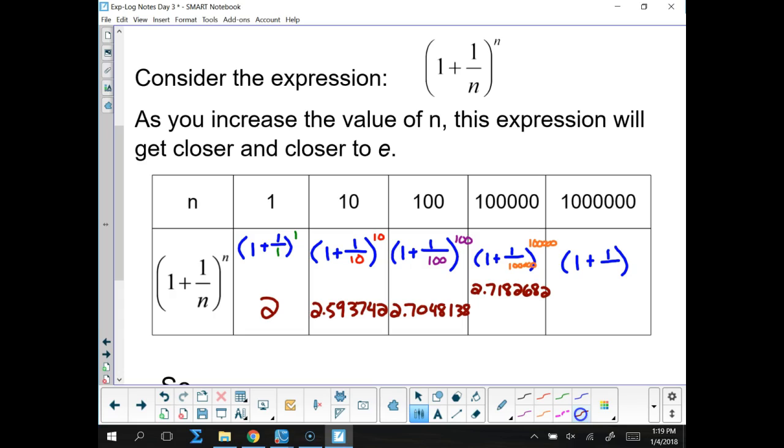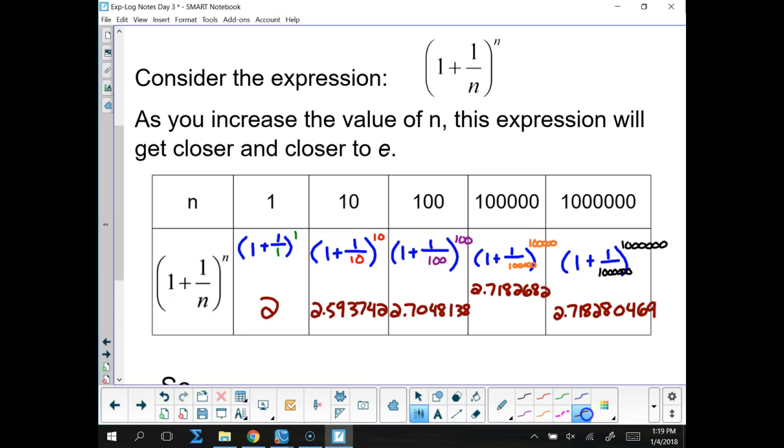Which color didn't I use yet? Oh, black. 2.718280469. The box is bigger, so you can get them all in.